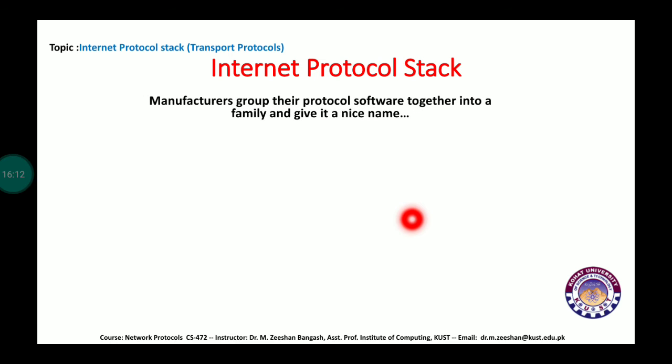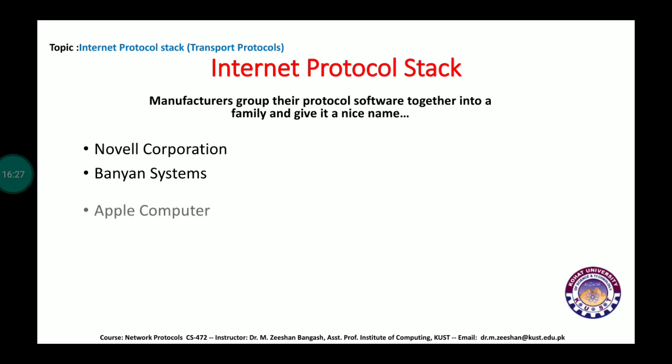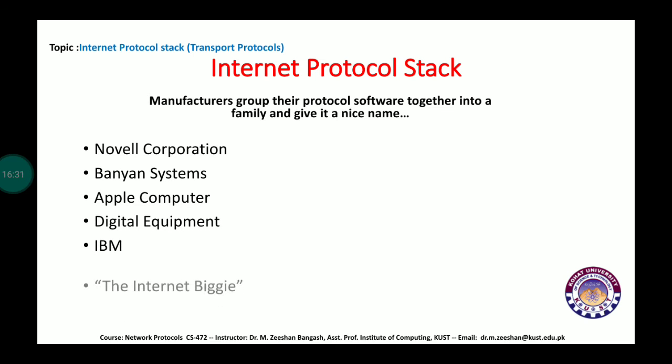Now, there are manufacturer groups that group their protocol software together into a family and give it a good name. For example, manufacturers like Novell Corporation, Banyan Systems, Apple Computers, Digital Equipment, IBM, and the Internet group. Each has given its own name to the protocol that they designed.